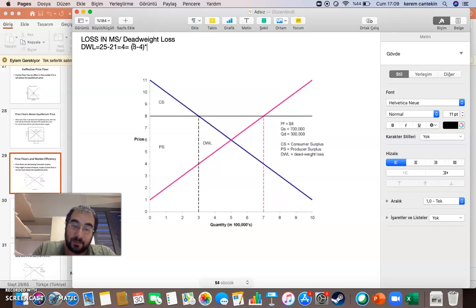And then you should multiply it with 0.5 because it's a triangle. 4 times 2 times 0.5, it is 4.